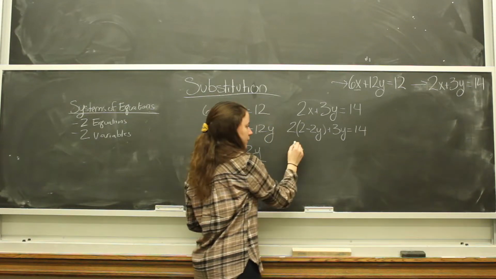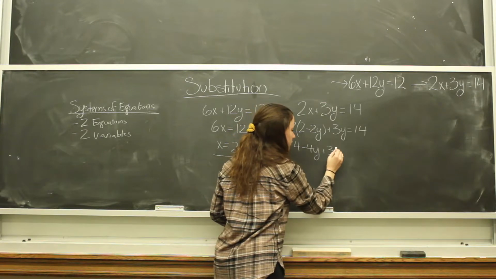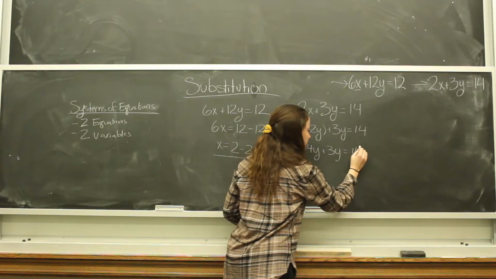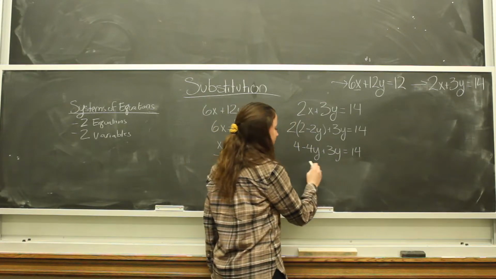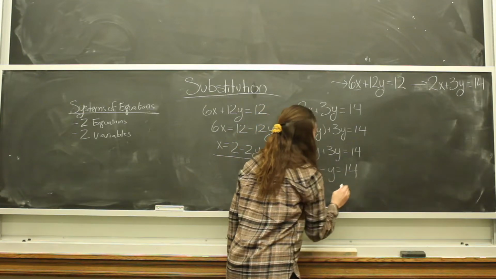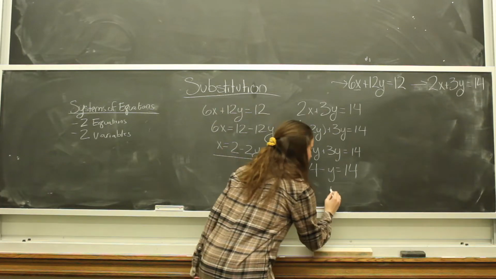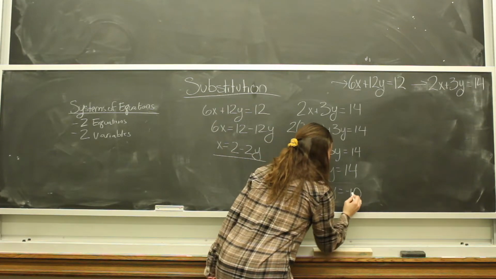Distribute the 2 here and get 4 minus 4y plus 3y equals 14. Combine like terms and get 4 minus y equals 14. Subtract 4 on both sides and then divide by the negative to get y equals negative 10.